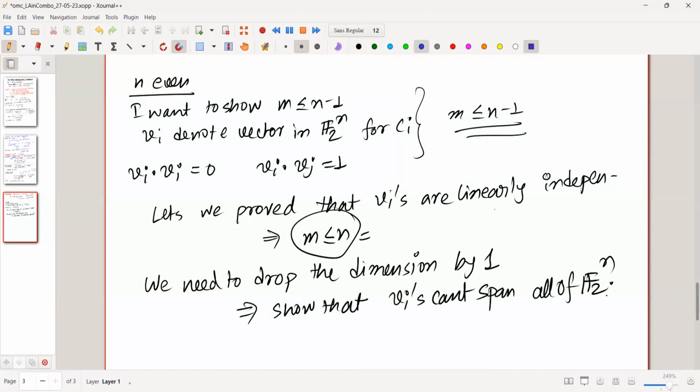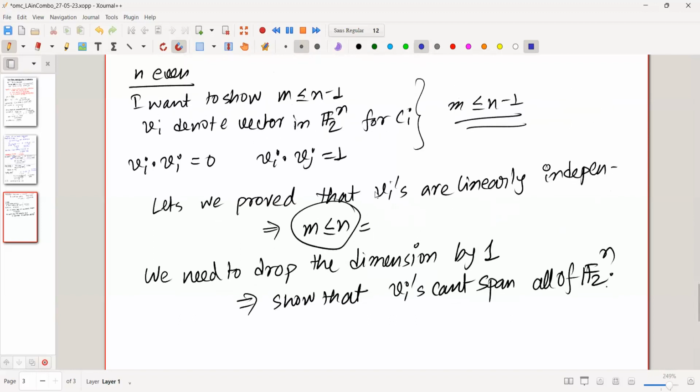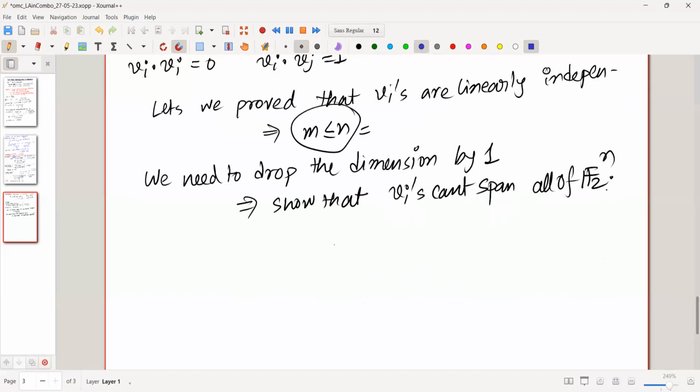So can you tell me how we can show this? First, I'm trying to prove that even if they are linearly independent, they cannot span the entire vector space. And then I will prove they are linearly independent. So can you tell me why this is true? I'll write the conditions again. Vi dot Vi is 0 and Vi dot Vj is 1.